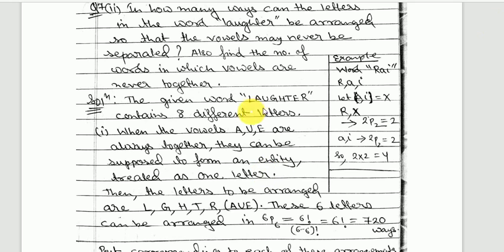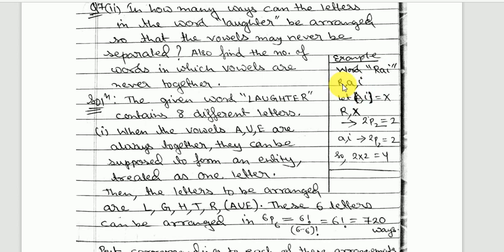Like here you can see one example. I've written the word RAI. You can see this word RAI has got 2 vowels, A and I. Now I want to do the arrangement where vowels are always together. So what I can do is consider A and I to be a single entity, means a single letter.